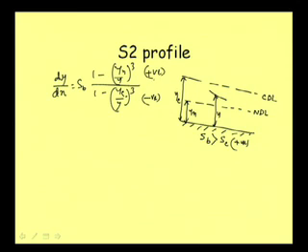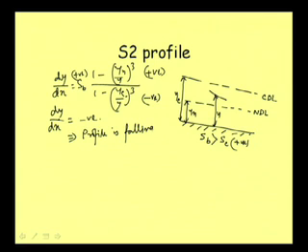On the numerator it is positive, SB being positive. So, we can have dy/dx negative finally, and this indicates that the profile is a falling profile.